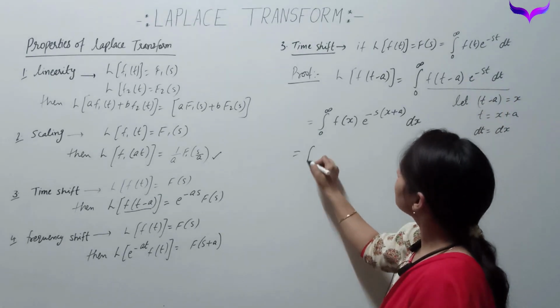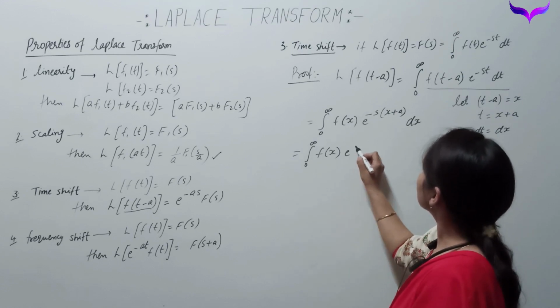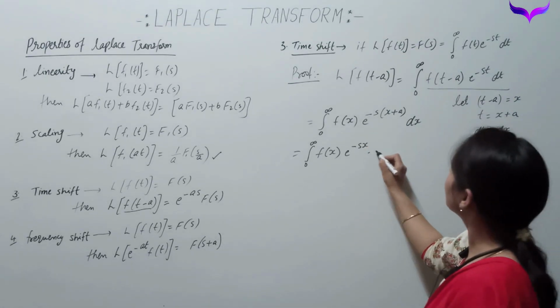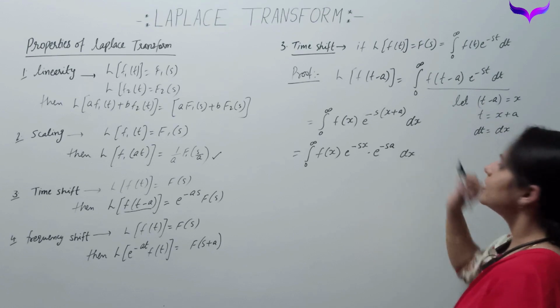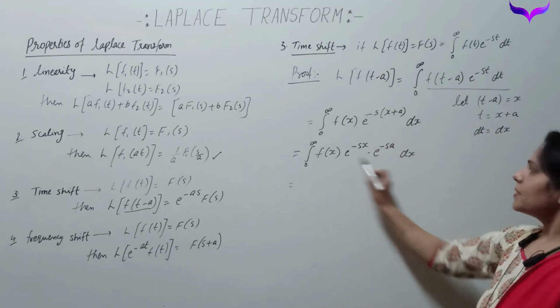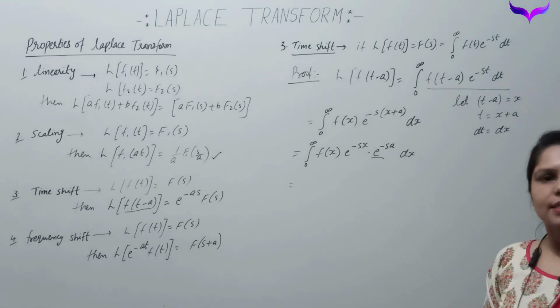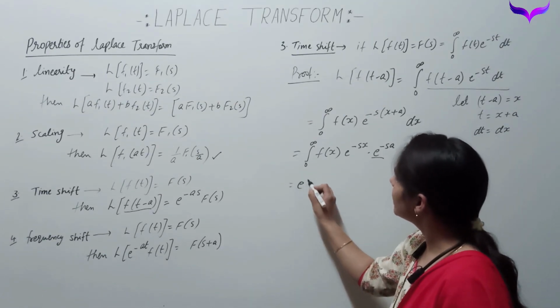Now integral 0 to infinity f of x e raised to power minus sx, opening the bracket, into e raised to power minus sa dx, right? Now this expression is in terms of x, and this term e raised to power minus sa is constant, so keep it outside the integration.